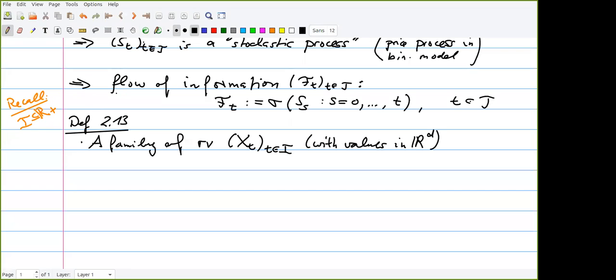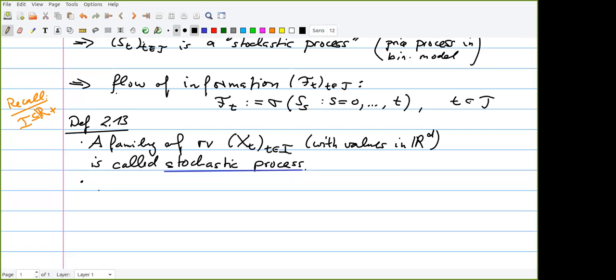Strictly speaking, this is then a random vector consisting of d random variables, but I think it is fine for us to be not super strict here. All right, so that's it. There is actually nothing very deep. It's just a name for a family of random variables. That's the first definition.